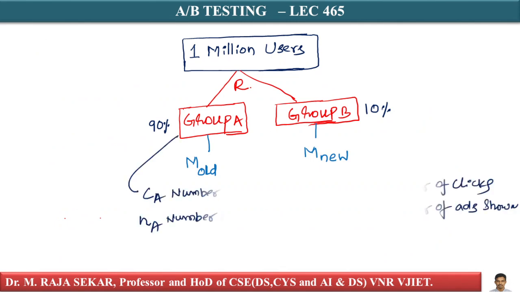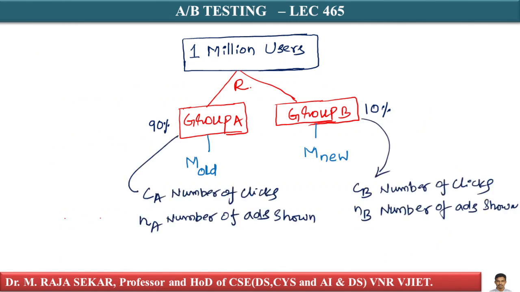For example, let me say CA is the number of clicks by model A, and NA is the number of ads shown. Then what is CB? The number of clicks related to group B, and NB means the number of ads shown. CTR of A is CA by NA, and CTR of B is CB by NB.